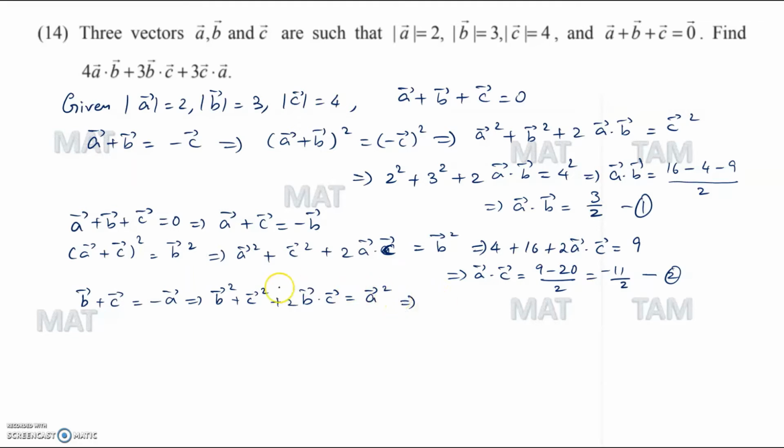Further, substituting the values of B squared and C squared here, we can say this is 9 plus 16 plus 2 times of B dot product with C is equal to 4. Further, we can say B dot product with C is equal to 4 minus 25 by 2, which is equal to minus 21 by 2.